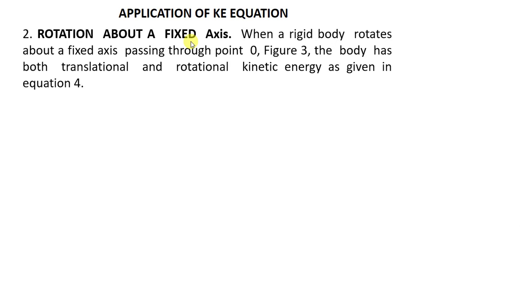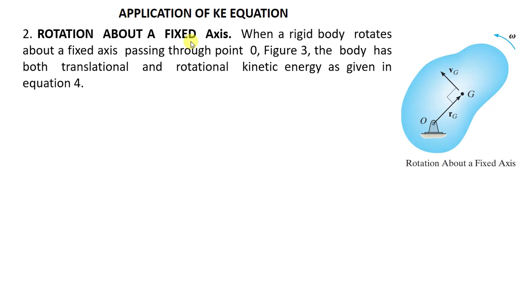Let's also look at another application. We can apply this same formula when dealing with rotation about a fixed axis. When a rigid body rotates about a fixed axis passing through a point O, like in this figure, the body has both translation and rotation energy as given in equation 4.